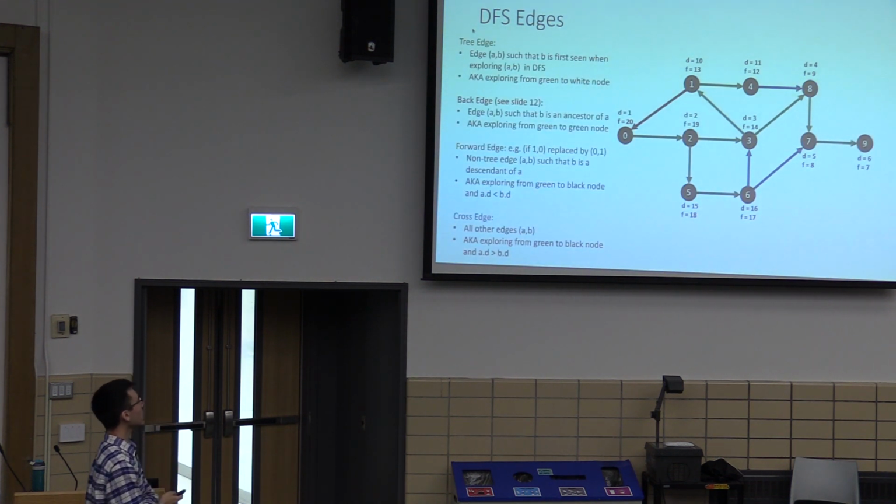So another thing with depth first search is that we can classify different edge types. So a tree edge, for example, is just going to be each of these green arrows that we just made. Whenever we explored from a node to a white node, we call that a tree edge, right?